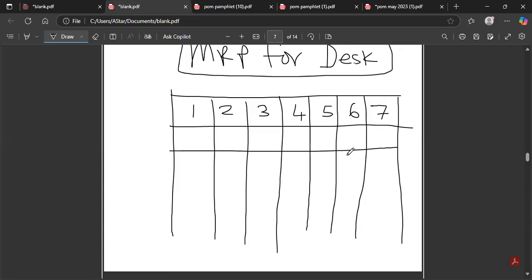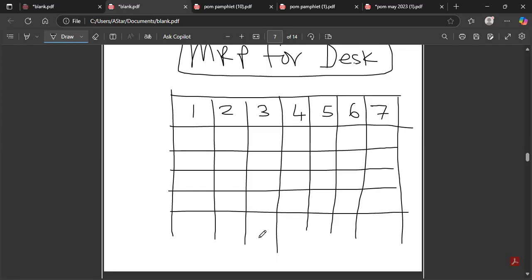You should have 6 components. The examiner will not penalize you. So 1, 2, 3, 4, 5, 6.